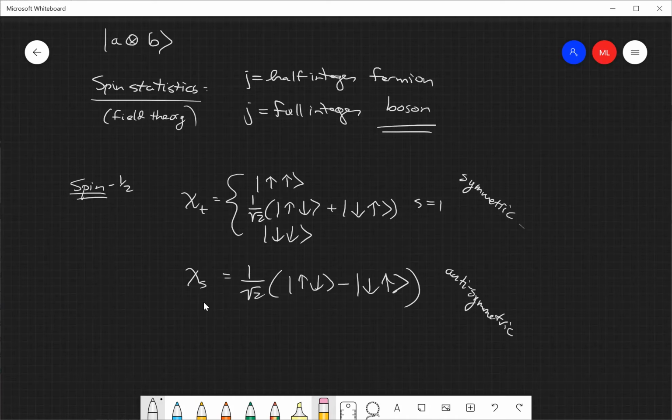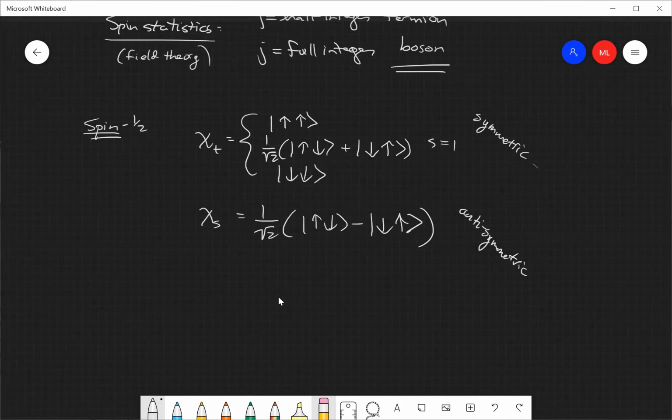So when you construct the entire fermionic wave function associated with two spin 1/2 particles, there are actually two ways you can make the wave function antisymmetric.